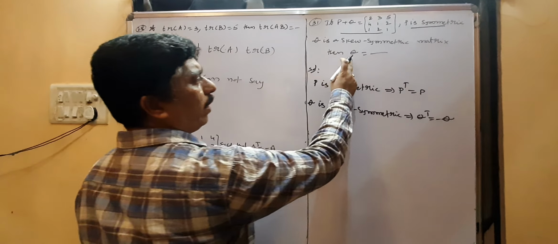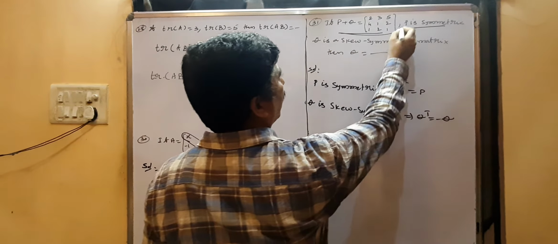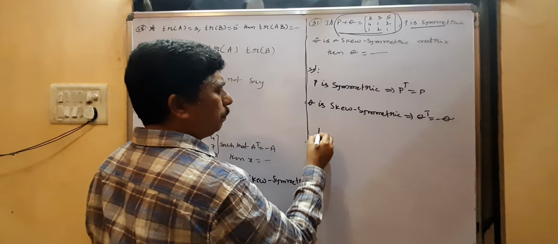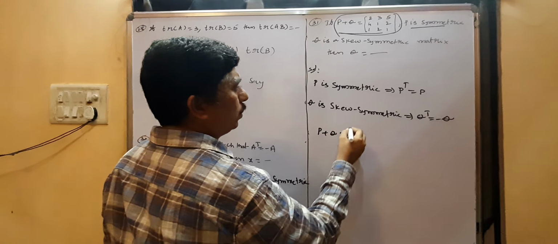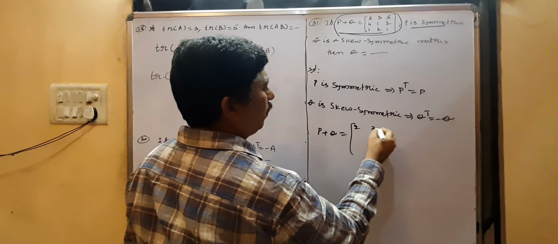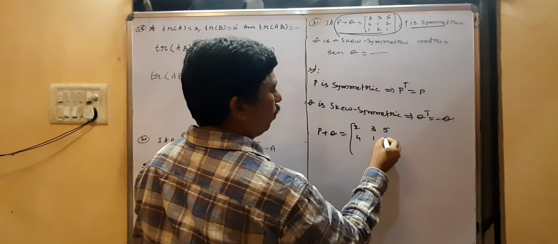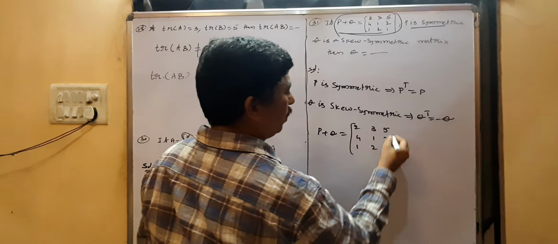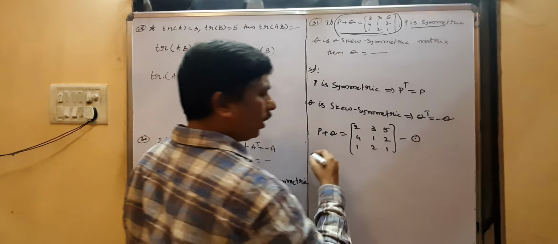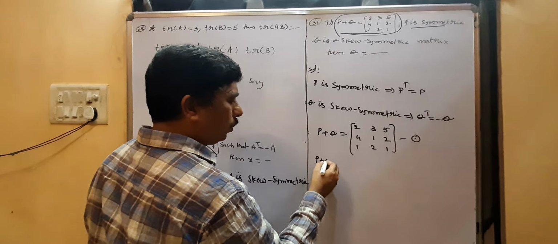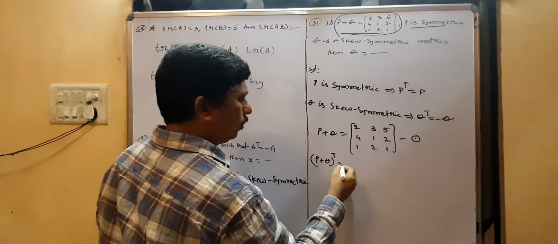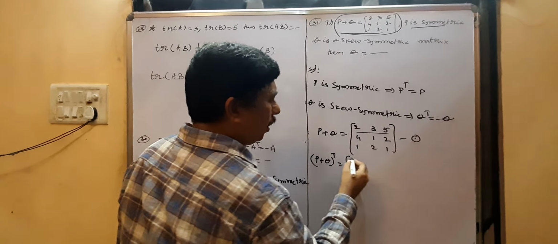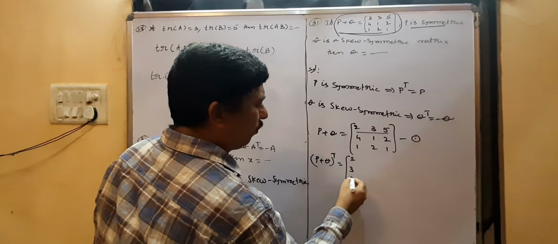They are asking to find Q. Apply the transpose to the given matrix, that means (P plus Q) whole transpose. P plus Q is given as 2, 3, 5, 4, 1, 2, 1, 2, 1. This is called equation 1. Take the whole transpose: the first row is written as a column, 2, 3, 5.